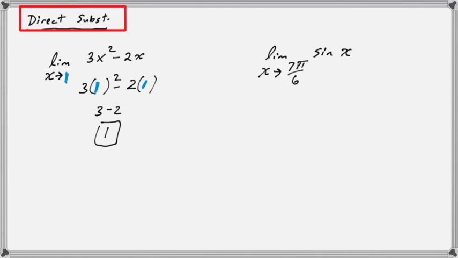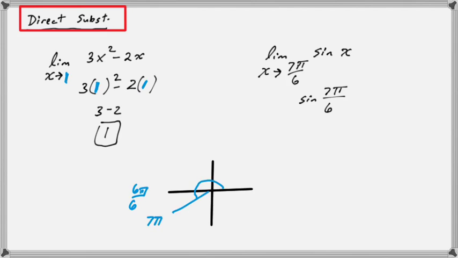And this other example, I think I could also put in directly sine of 7 pi over 6. Those of you who are good know that 7 pi over 6 is a little bit bigger than 1 pi, or 6/6. So how much bigger than 6/6 is 7/6?